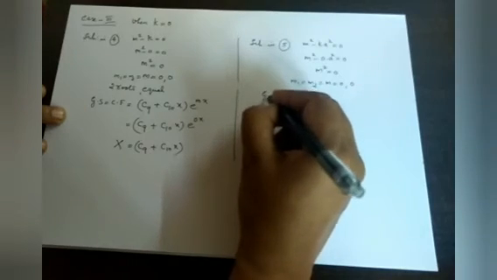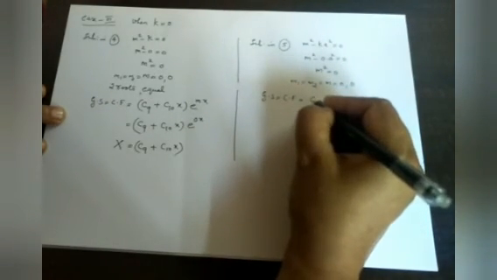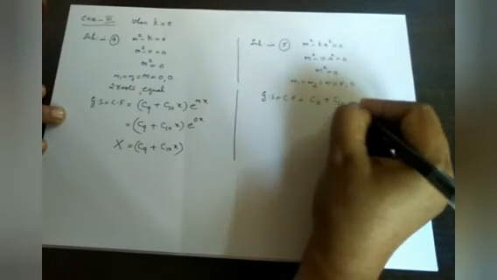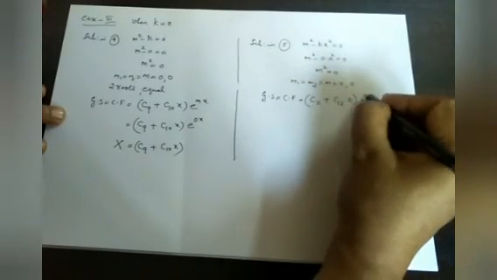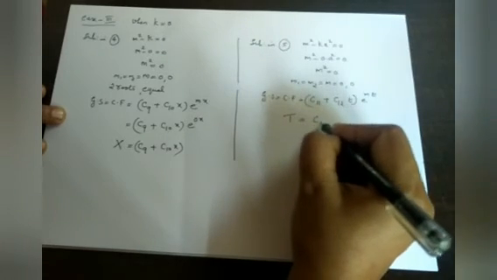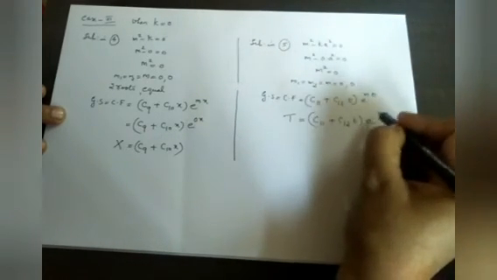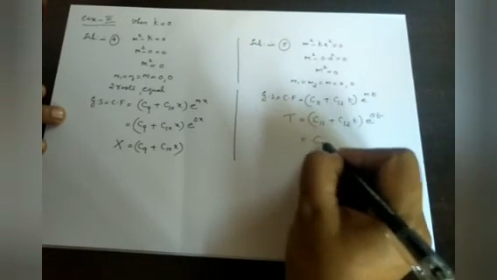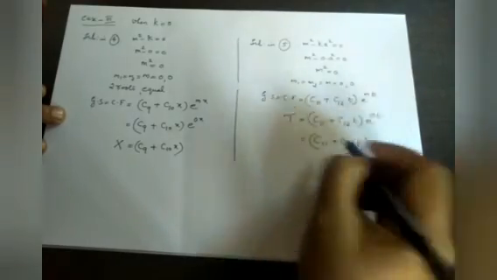Therefore, the general solution or the complementary function will be C11 plus C12 t, e raised to mt. This capital T equal to C11 plus C12t e raised to 0t, is equal to C11 plus C12 into t.